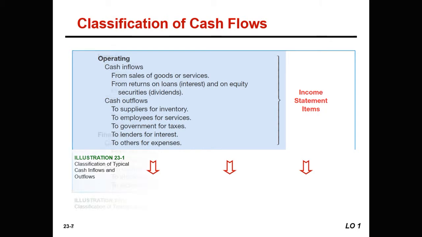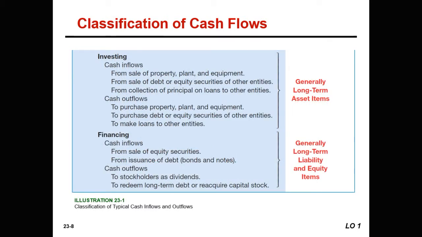So, for example, cash received from the sale of property, plant, and equipment at a gain, although reported in the income statement, is classified as an investing activity, and the effect of the related gain is not included in the net cash flow from operating activities.